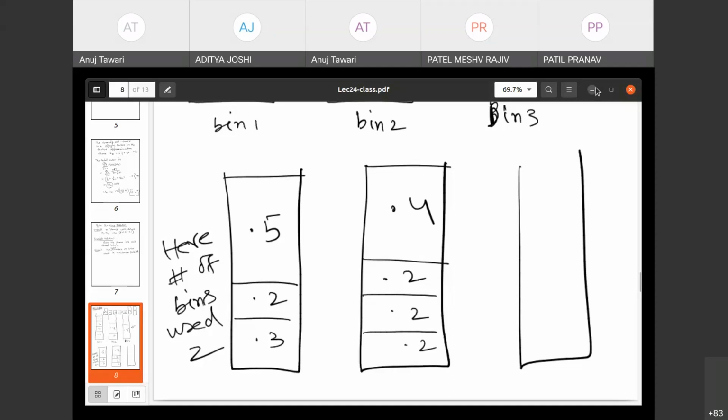Now again, if there is no space, then we can remove another 2. Okay? So you removed the smallest element so far because you removed another 2.